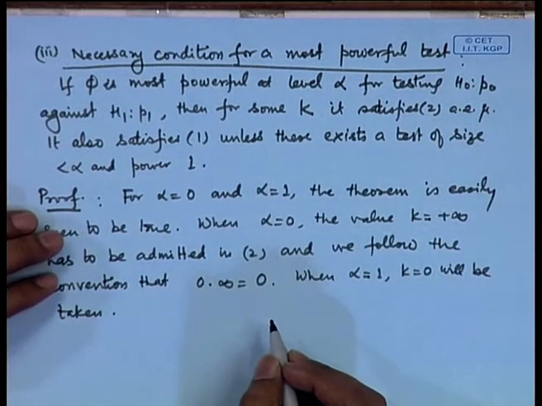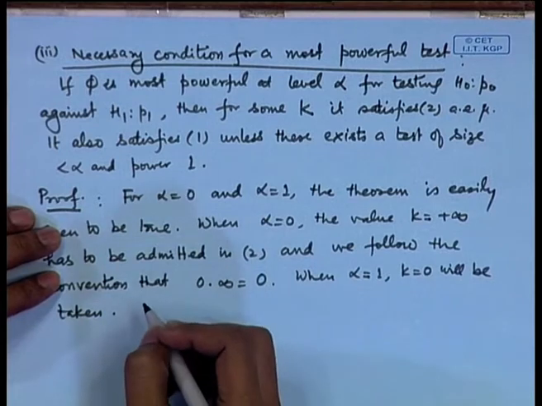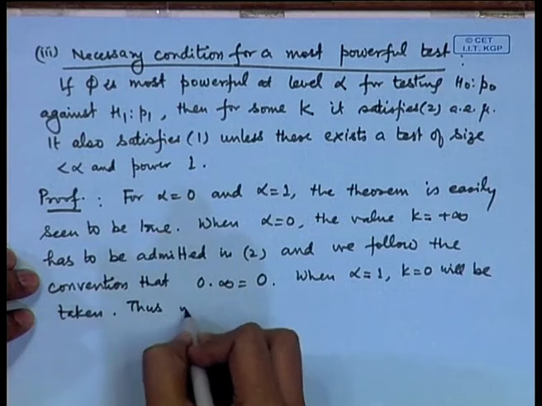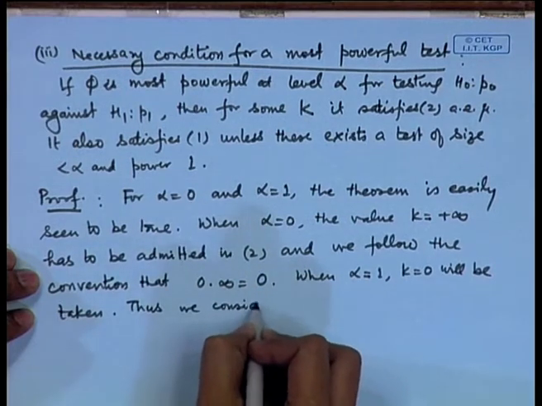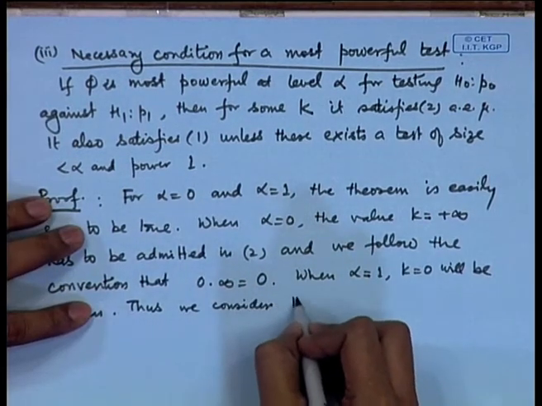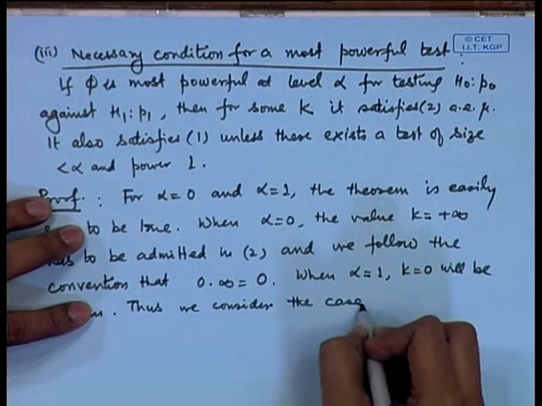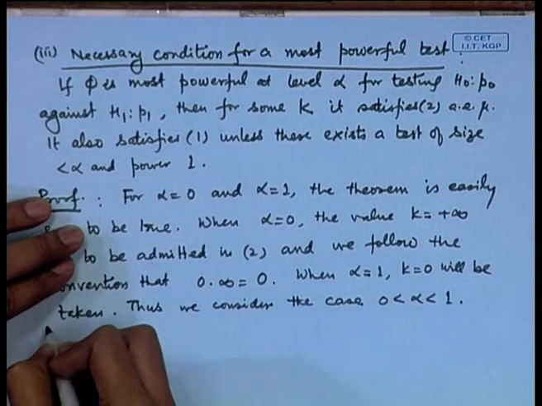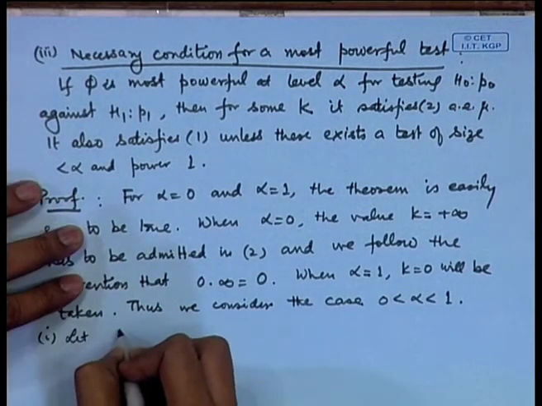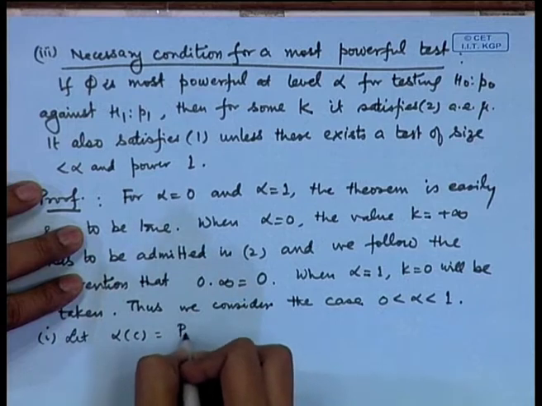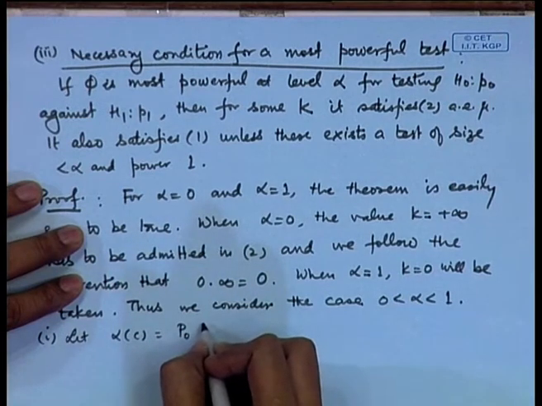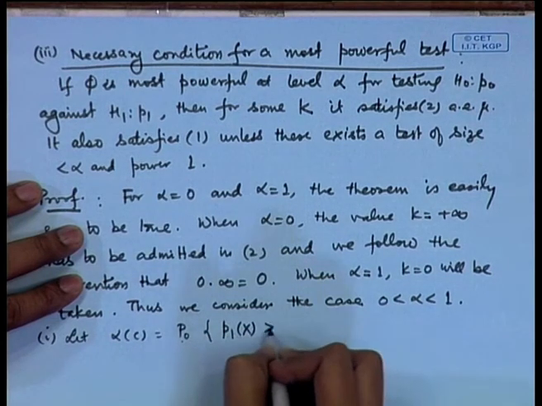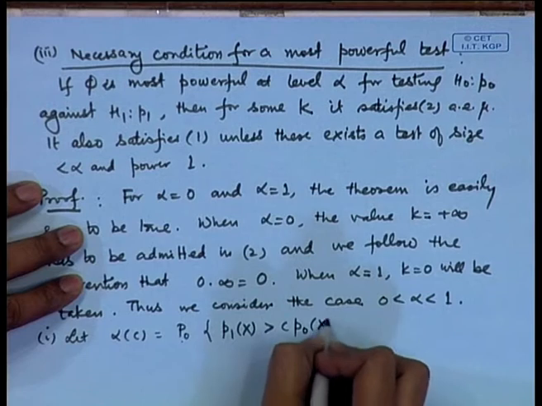Now, let us look at the conventional cases. So, let us define a function alpha c equal to P naught, that is the probability under H naught, of the event that P 1 x is greater than c P naught x.